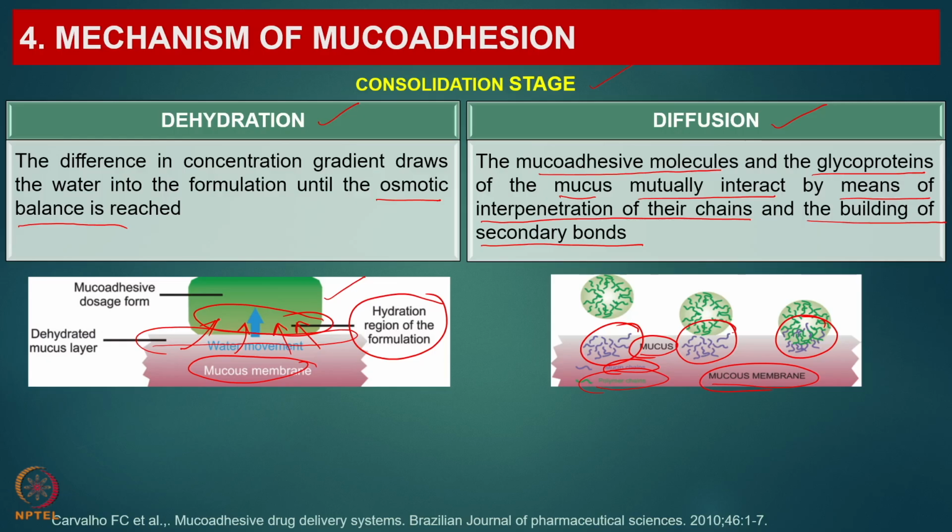That is called the consolidation stage. So, the contact stage and the consolidation stage, both are very important to show mucoadhesion. These are the various mechanisms, or you can say the stages, involved in mucoadhesion.